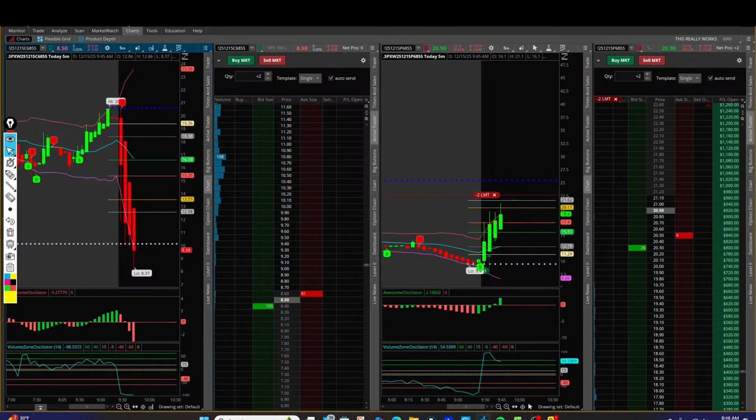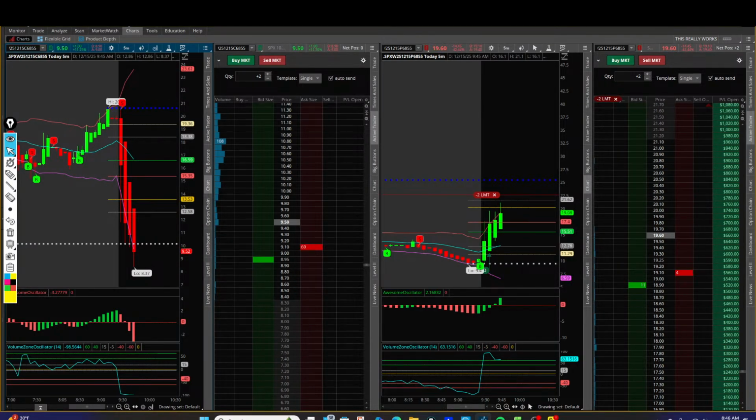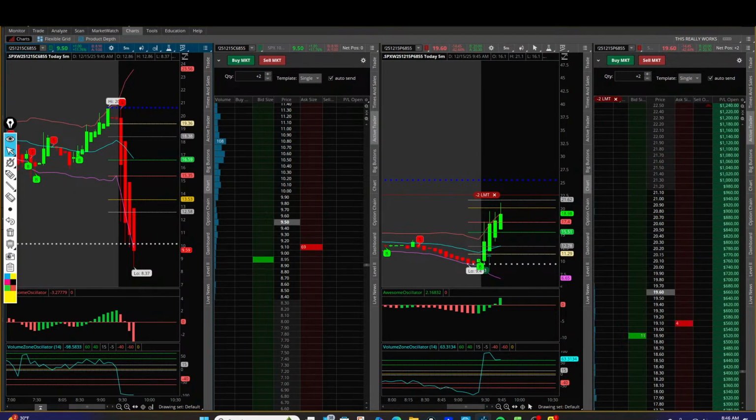Who said 0DTE options are scary? Not really. Okay, I'm going from 660 and it went up to 960. So they do have big jumps. That's, I think, what scares people the most, is their huge leaps.